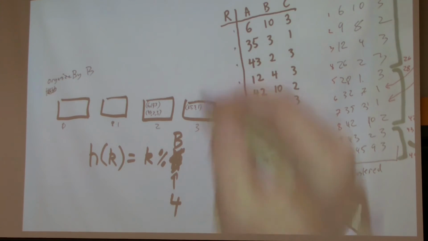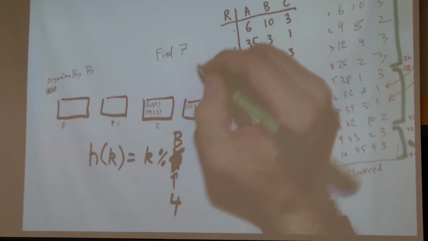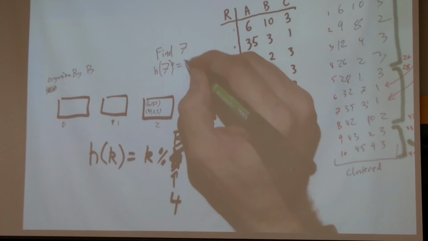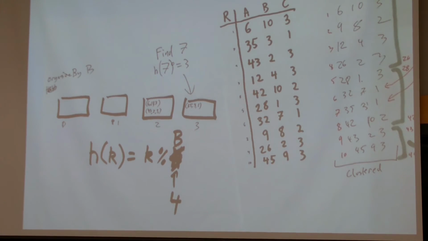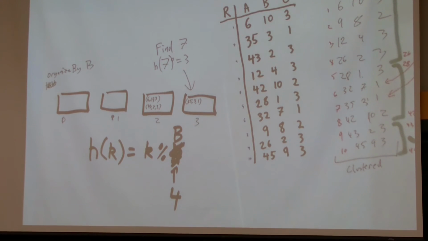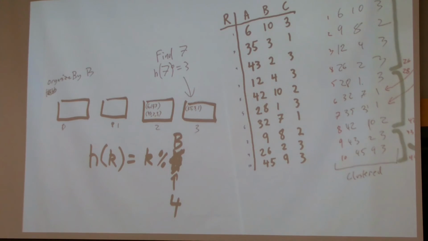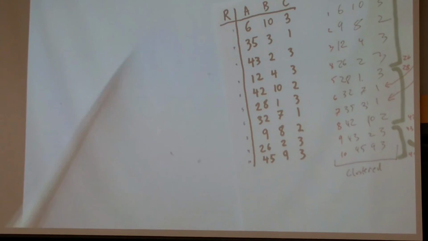So that means I look in bucket number 3. How many IOs was that? 1. I know exactly which bucket I need to look into. I perform exactly 1 IO.